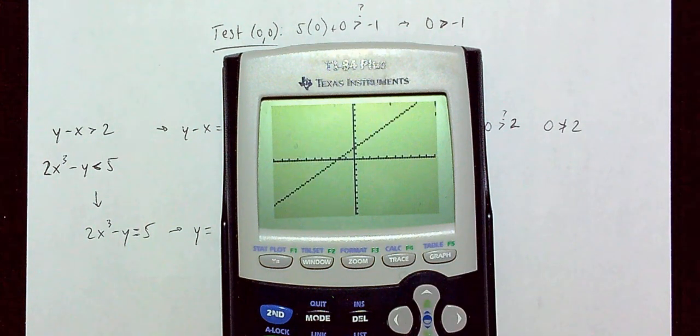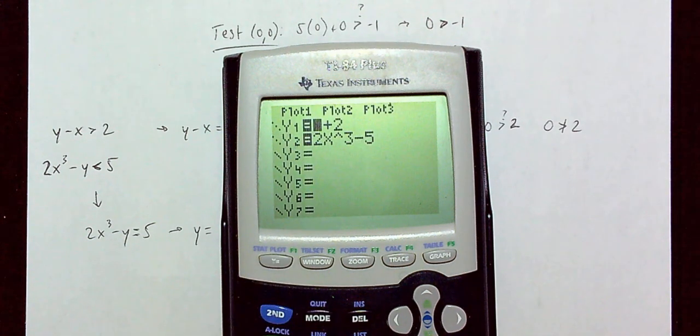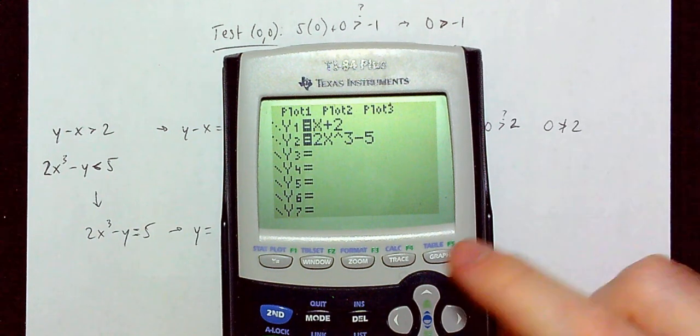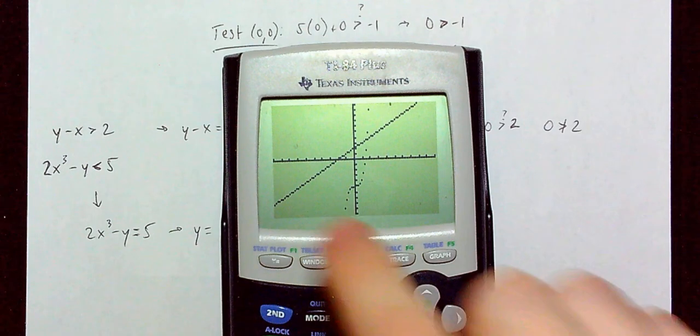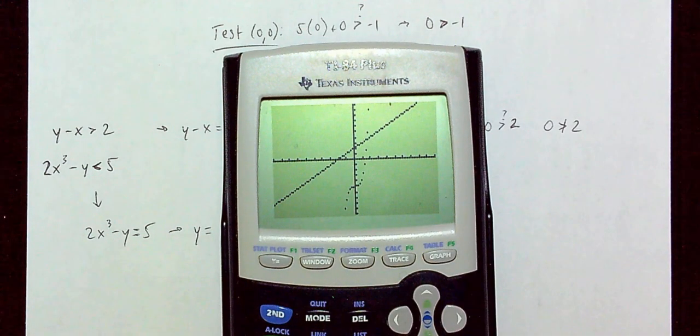Again, for some reason, our calculator is not cooperating. It doesn't want to identify that this is a dashed line and not a solid line. But here are our graphs: x plus 2, 2x cubed minus 5.